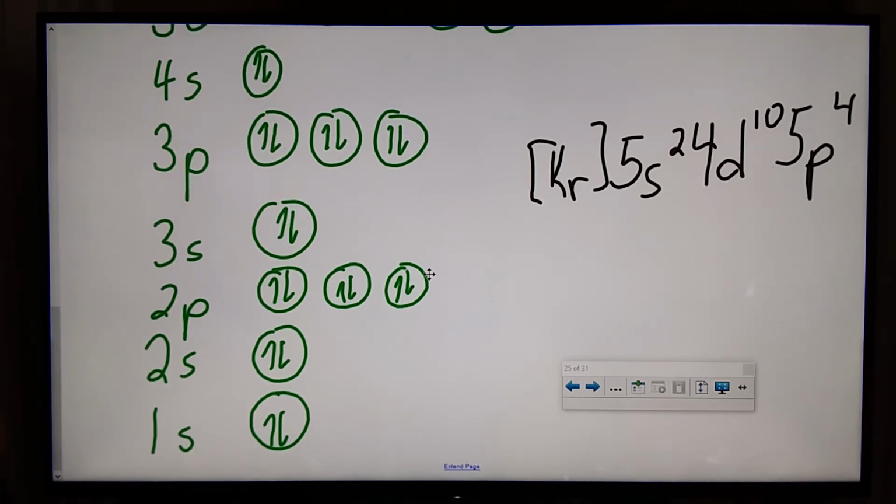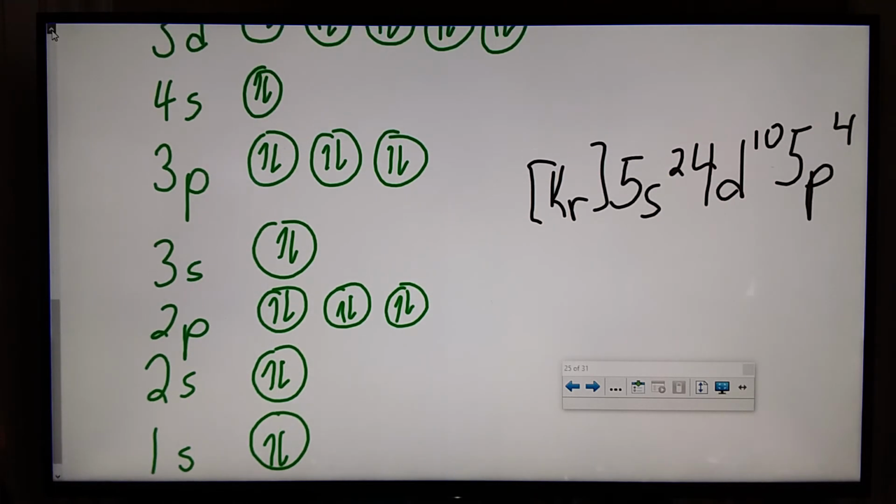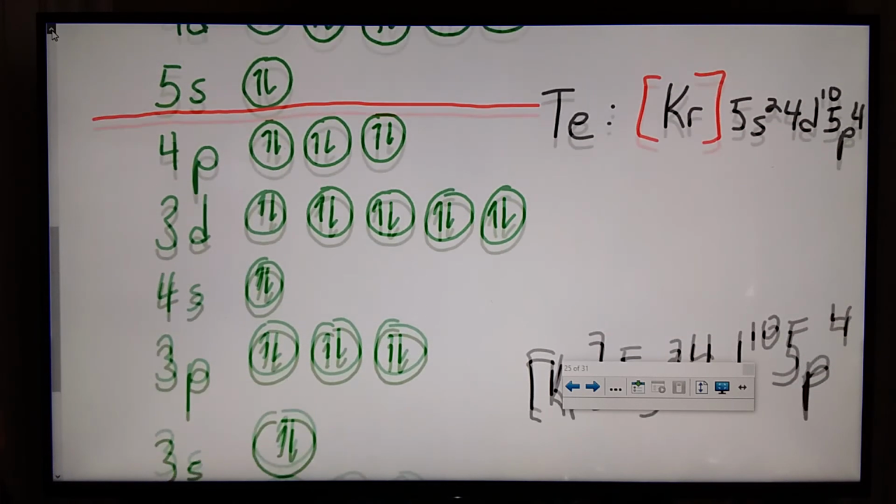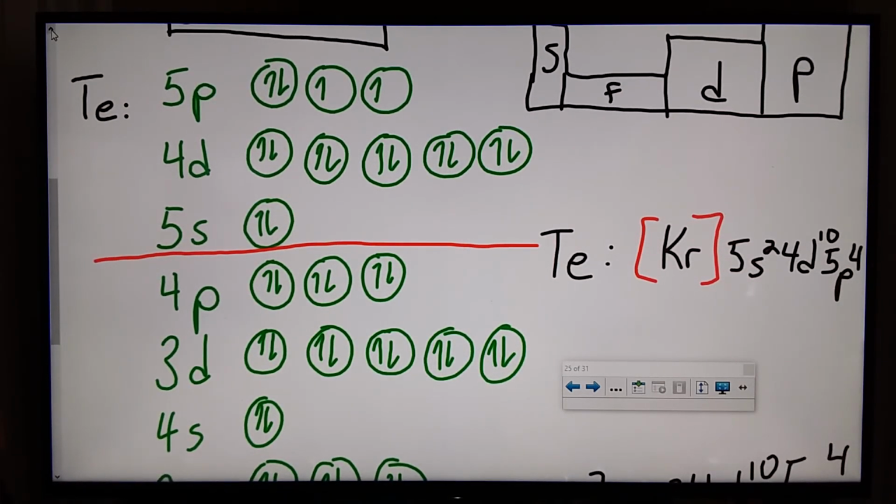Notice all of these energy levels are filled with electrons except for the very last one, which is the 5p. In the 5p, I had 4 electrons left, and so I spread them out. Notice these ones don't pair up because I don't have any extras to pair, and I have to fill each subshell first.